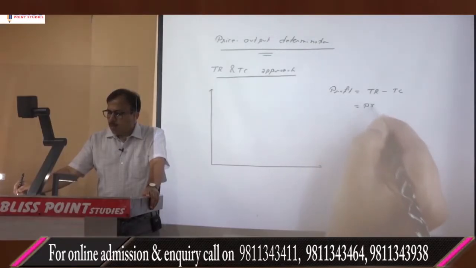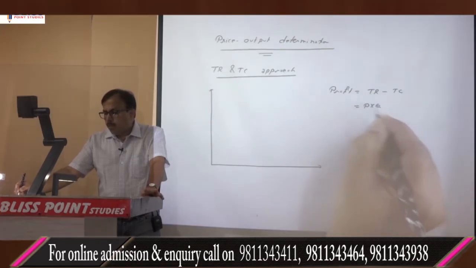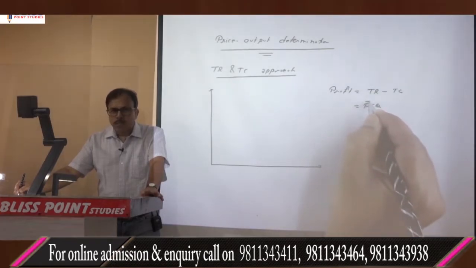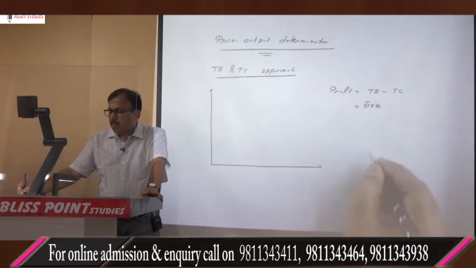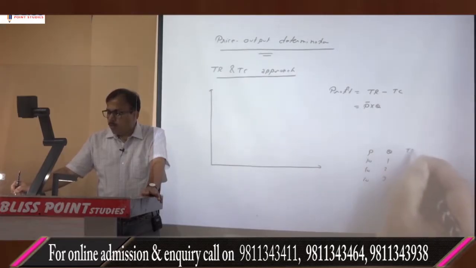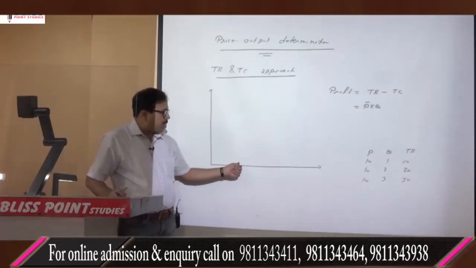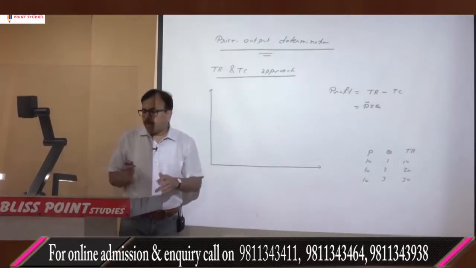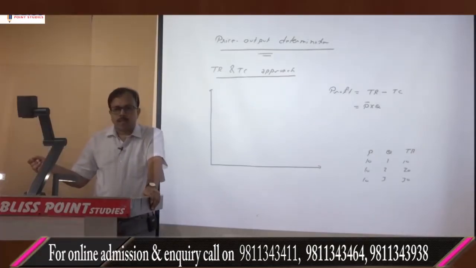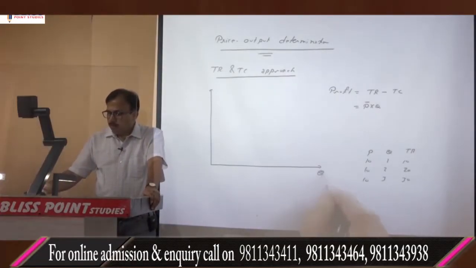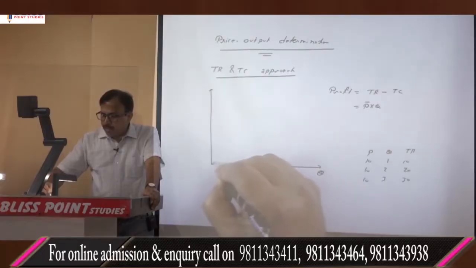Revenue is price into quantity, but under perfect competition price for a firm is constant. So when price is constant, like price is constant as 10, quantity could be 1, 2 or 3. So what will be the revenue? It will be 10, 20, 30. So how you can plot that? As quantity will increase, revenue will increase, but it will always increase at the rate of 10. It means it will be a straight line.